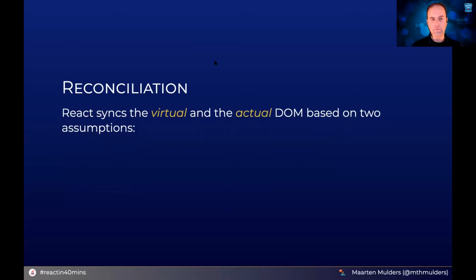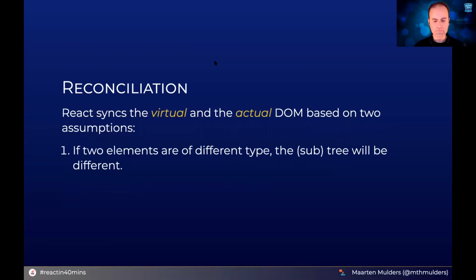And to do that, React uses two assumptions, and we need to be aware of those. The first assumption that React makes is that we have two elements. So one element as it is currently in the document object model, and another one which happened because our application re-rendered for some reason. Then if those two elements have a different type, whatever is under them in the tree will by definition be different.